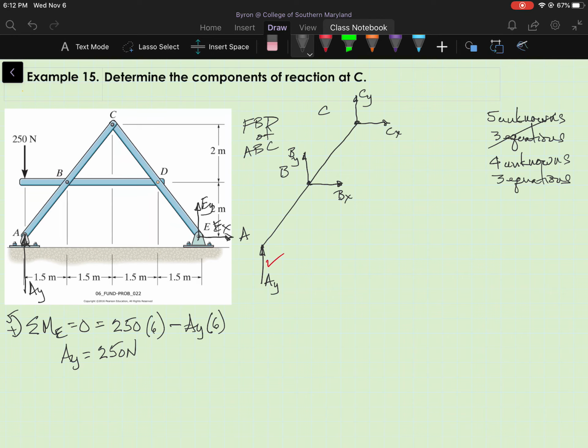So I'm going to draw BD, FBD of BD. Okay, I'll draw it here. That is a horrible line. Try it again.